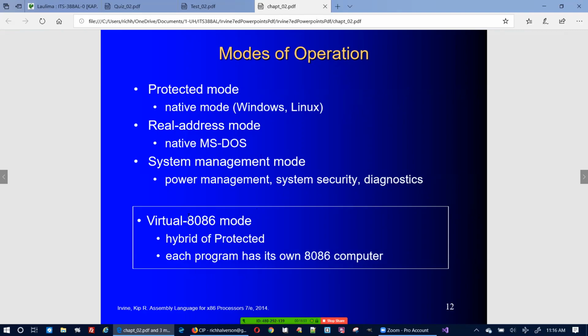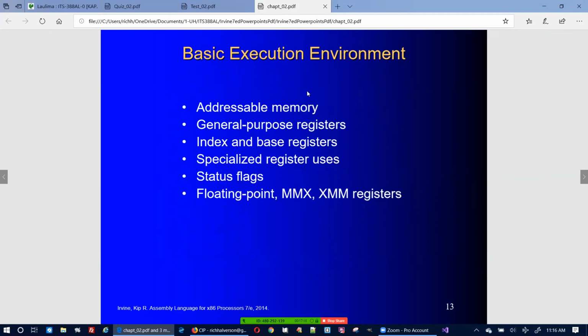And then this virtual 8086 mode, it's kind of like real address mode, except you can have a bunch of them. So it's sort of a hybrid of protected mode and real address mode. We will be operating, I think, almost all in just this protected mode. That's the most common, I think.